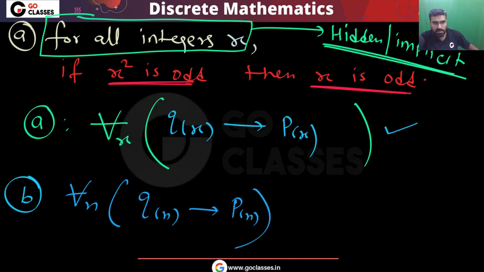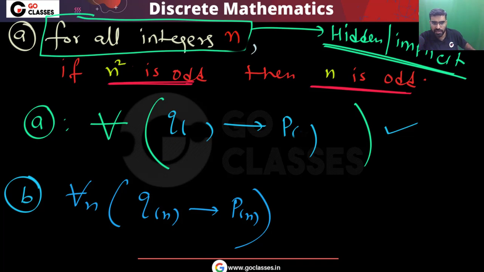Now remember one thing: this x is just a bound variable. You can replace this x with n, no problem, so you can rename it. For example, statement A is: for all integers n, if n square is odd, then n is odd.